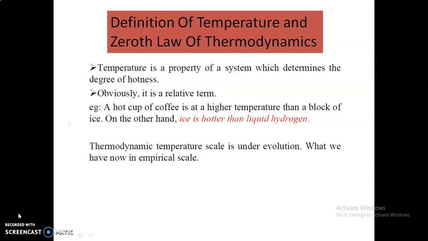For example, a hot cup of coffee is at higher temperature than a block of ice. On the other hand, ice is hotter than liquid hydrogen. The thermodynamic temperature scale is under evaluation; what we have now is an empirical scale. Now we are going to see the zeroth law of thermodynamics, which is the basis of temperature measurement. Temperature is one of the properties and it is a relative term, as we have just seen.